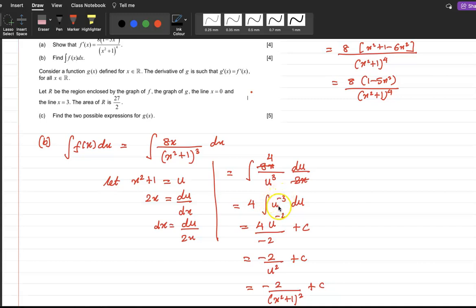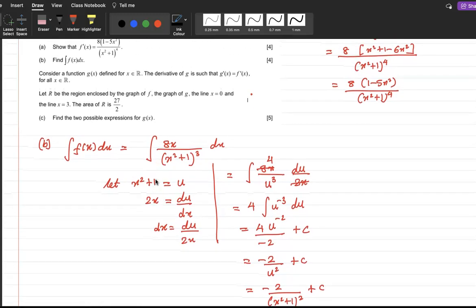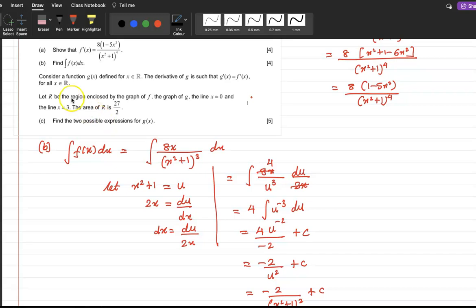You integrate u raised to minus 3. So minus 3 plus 1 is minus 2, upon minus 2. So minus 1 upon u². Now what is the value of u? Resubstitute. u is equal to x² + 1. So you substitute u as (x² + 1) the whole squared, plus c. So that's your integral.